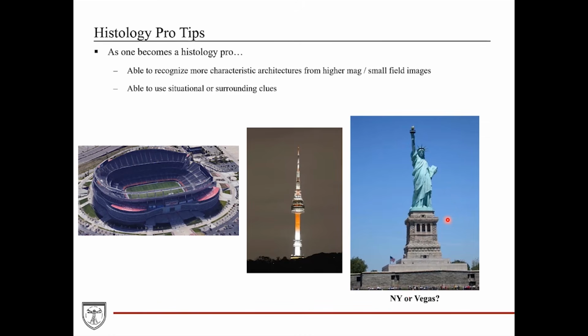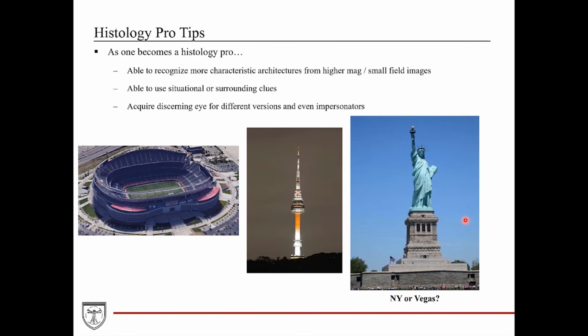Because there's one in Las Vegas too. And the answer is New York. And I hope you arrived at the answer too, because if we were in Vegas, we'd probably see maybe a roller coaster or a lot of glitzy lights and things like that, which is lacking in this photo. So you will soon be able to do that with histology as well.